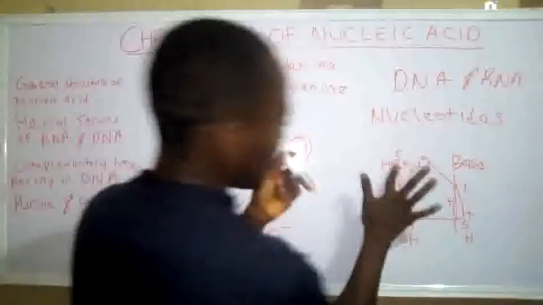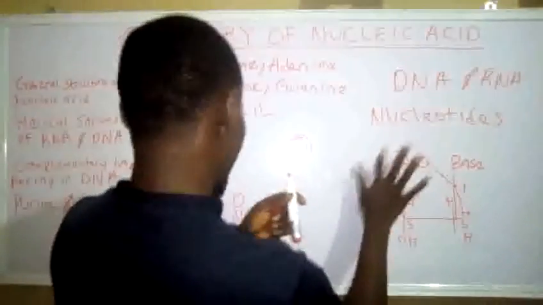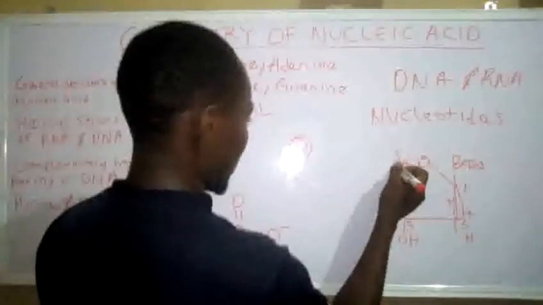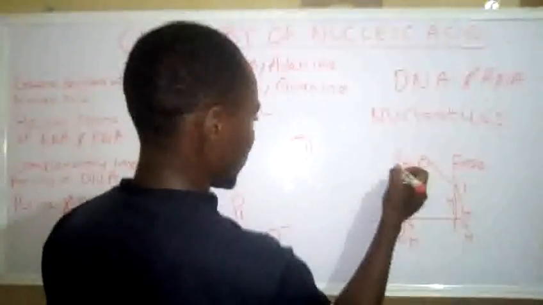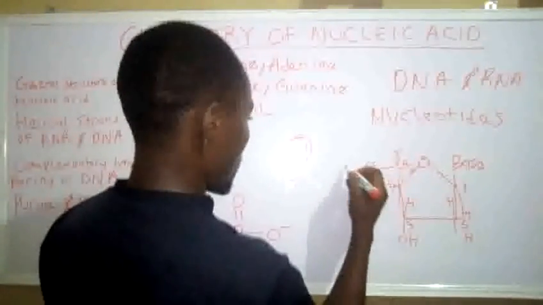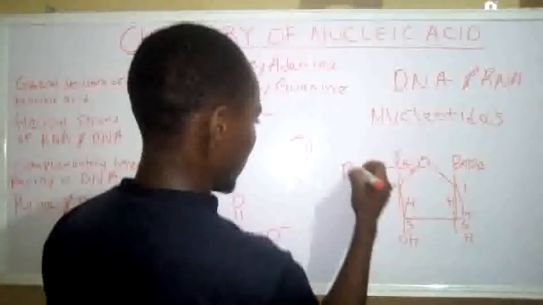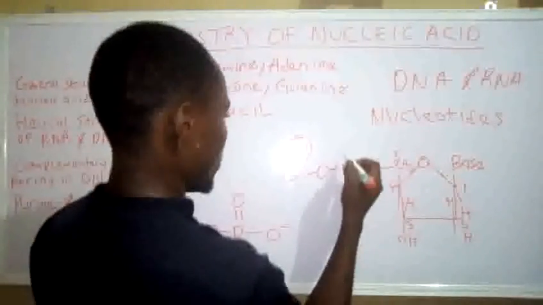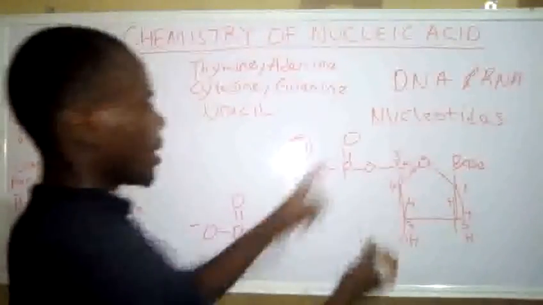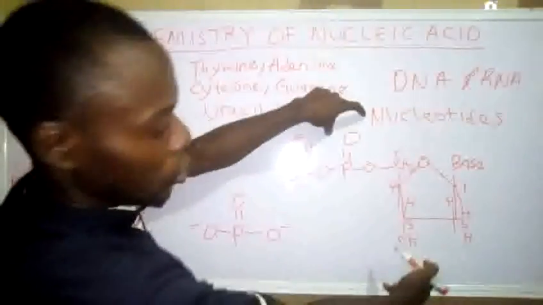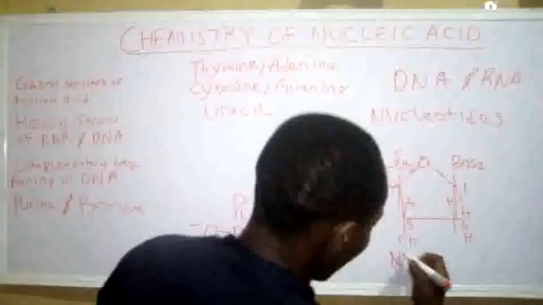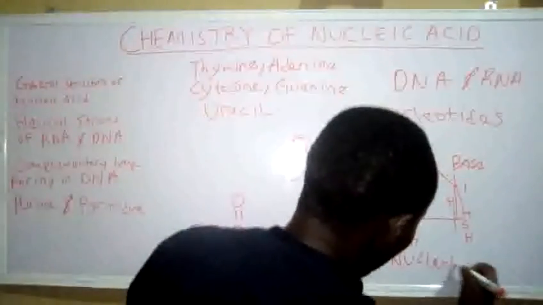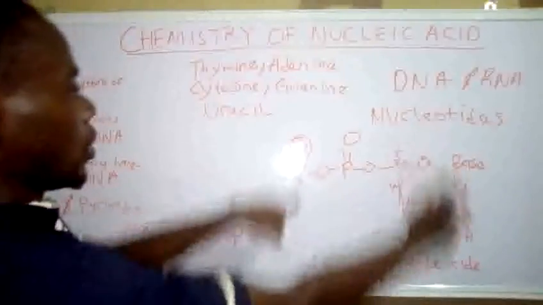So when it does, what you have finally is this: O, P, with a negative charge there, then double-bonded O. This structure you have here is a nucleotide. So these three put together are what we call a nucleotide.